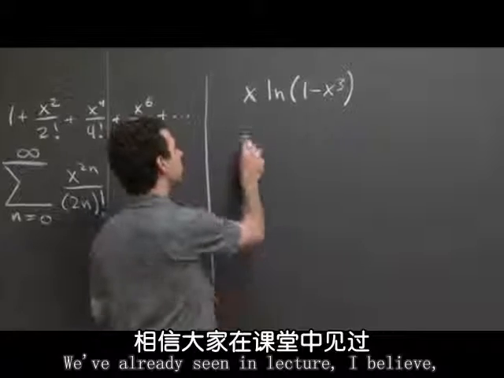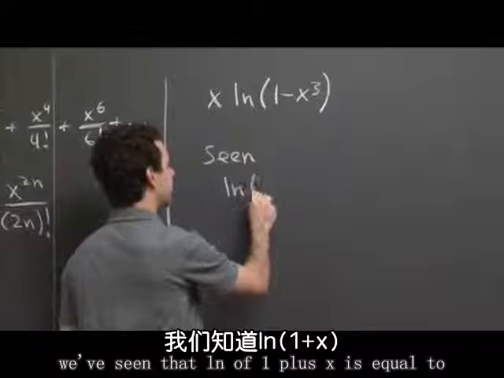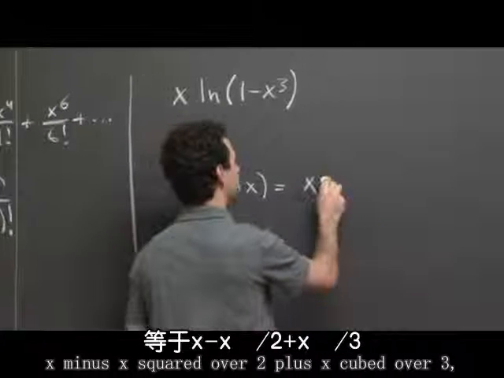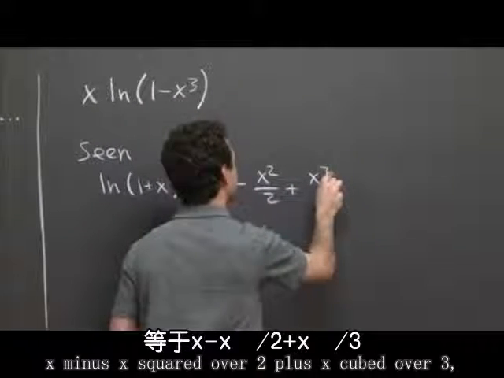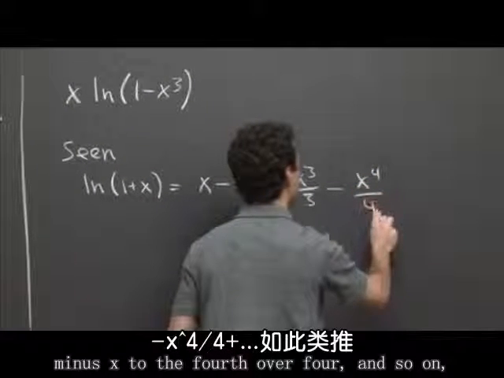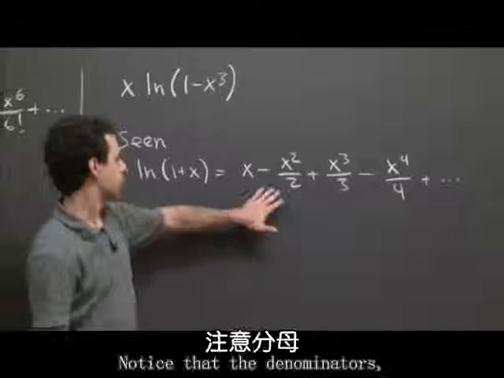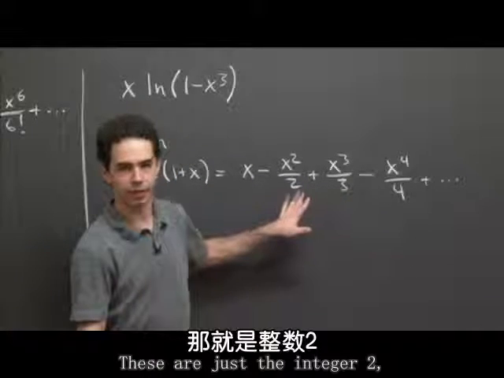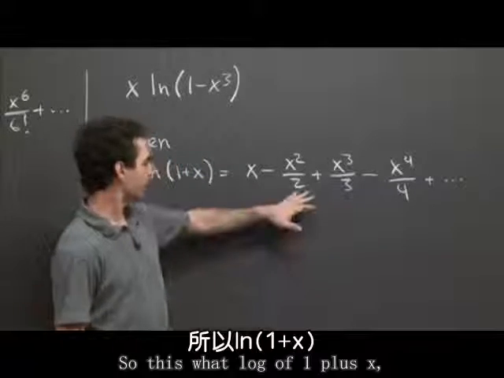We've already seen in lecture, I believe, that ln of 1 plus x is equal to x minus x squared over 2 plus x cubed over 3 minus x to the 4th over 4, and so on. Alternating signs. Notice that the denominators, when you have a logarithm, are not factorials. These are just the integer 2, the integer 3, the integer 4, unlike for exponentials and trig functions.